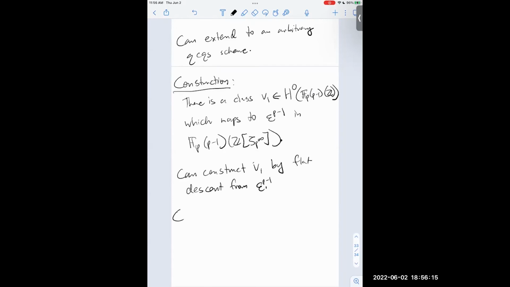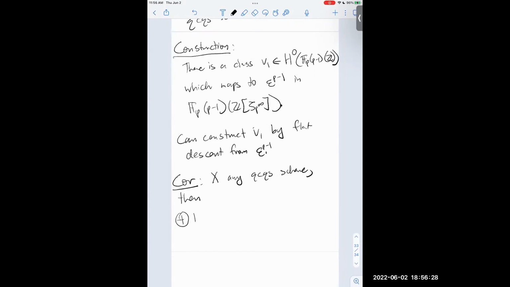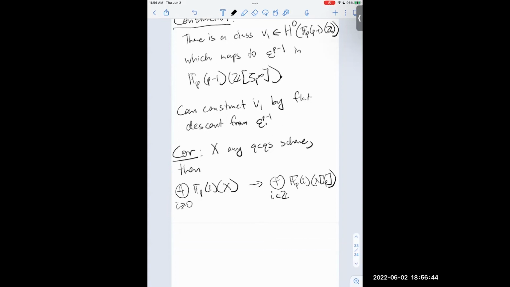A corollary is that if X is any QCQS scheme, then the map from the syntomic cohomology with mod p coefficients to the étale cohomology of the generic fiber exhibits the target as the localization at v_1.